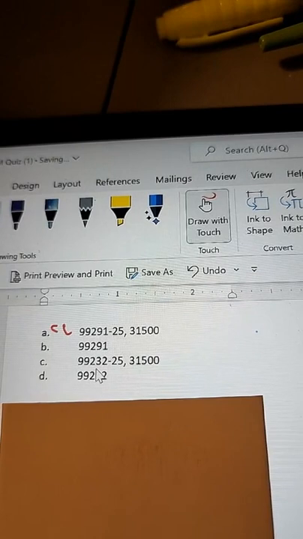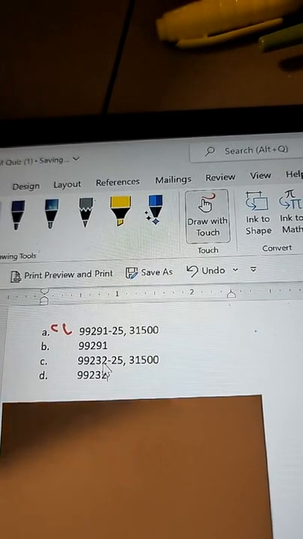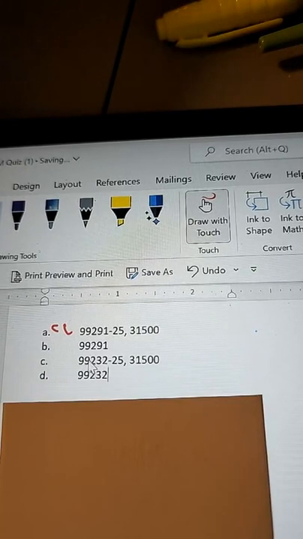And then our 232. What is our 232? 232 is subsequent hospital care. So all we got to know is, are we subsequent or are we critical care?